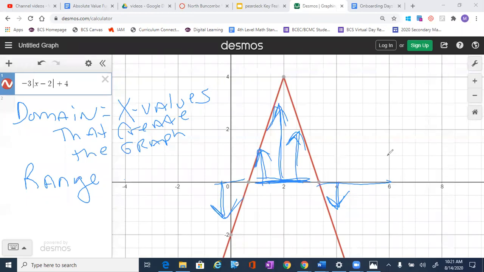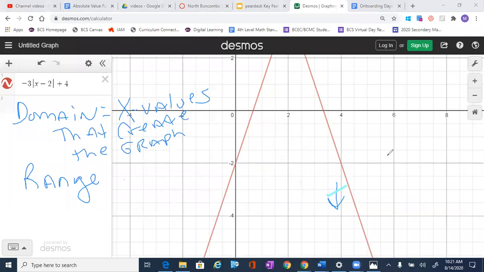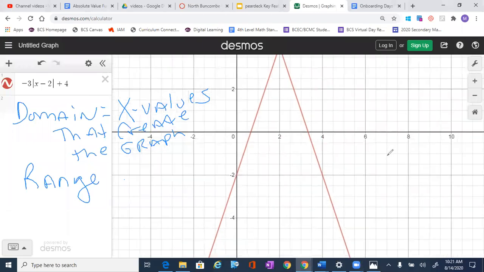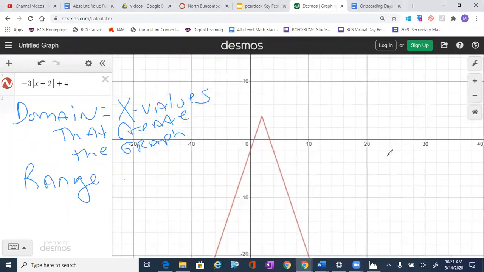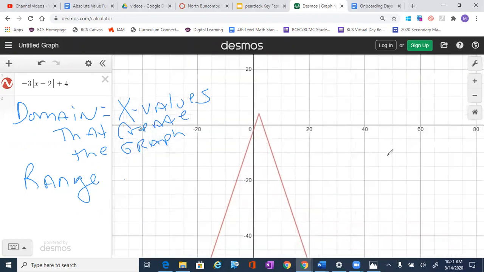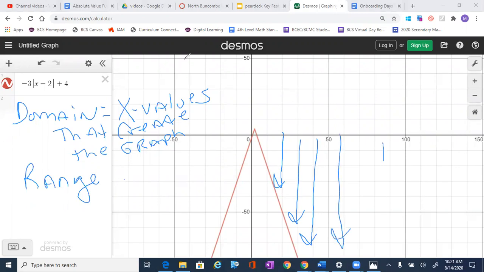Well, if we keep working our way out a little bit more, what we'll notice is as we work our way out, the graph just keeps going and going. And what's happening is that the graph shows up continuously, and it will continue to do that.